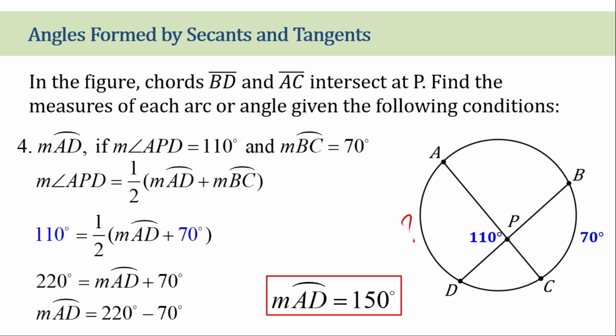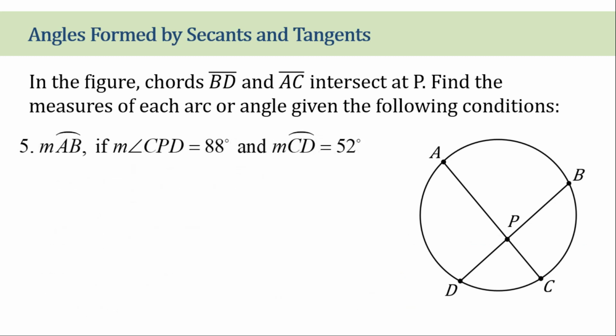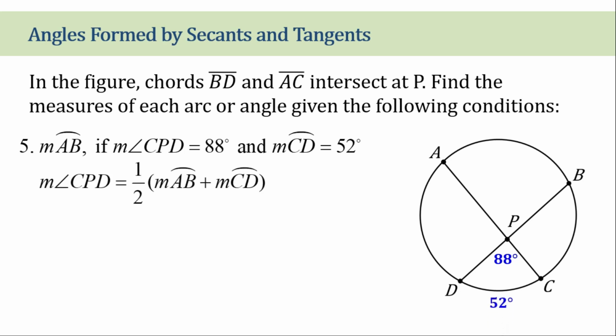Last for this theorem is this. Let's find the measure of arc AB if angle CPD measures 88 and arc CD measures 52. Again, let's just plug it into the equation of the relationship of the arcs and angle.